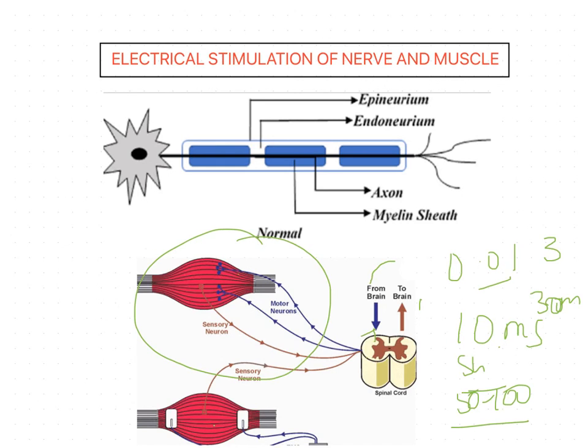So, for innervated muscle, the current required to stimulate it is of the Faradic type. Impulses with a duration of less than 10 milliseconds are called the Faradic type.